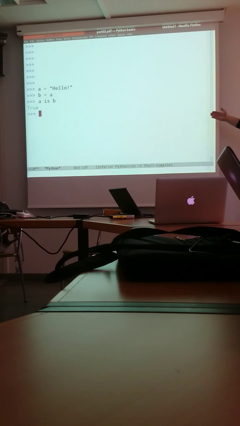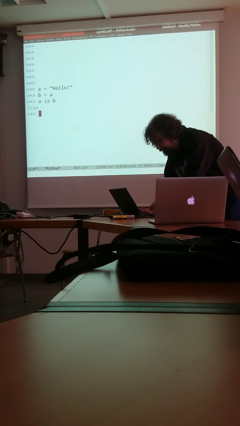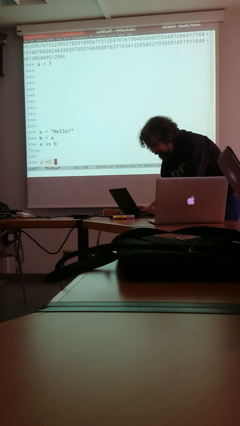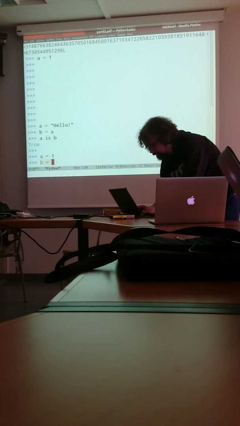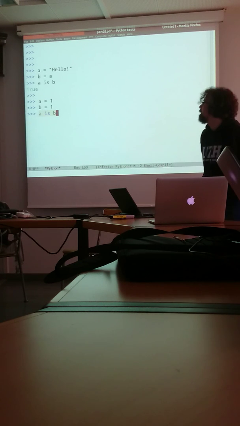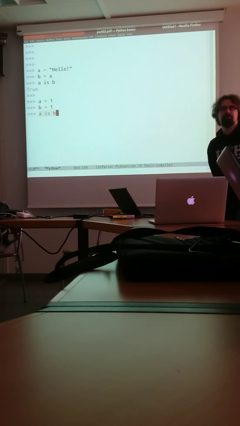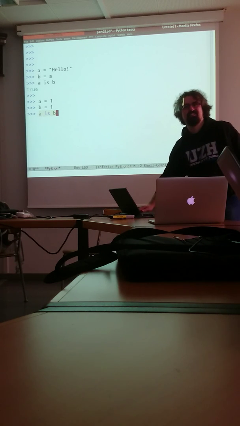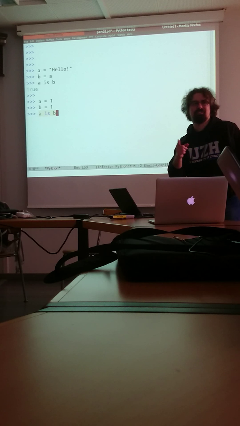A and B are two names for the same object, and then the is operator returns true. So then say A is 1 and B is 1. And what's your forecast for this? Should be false.